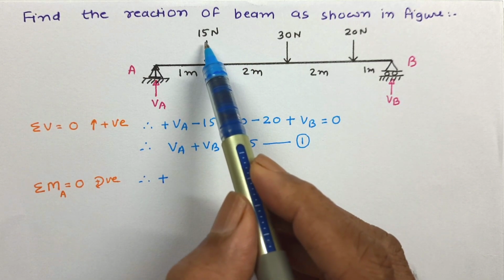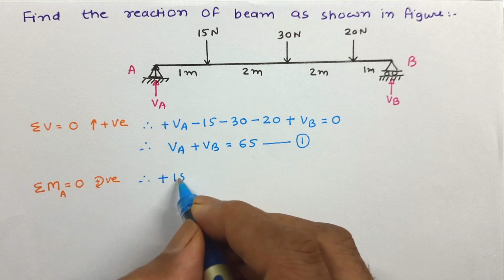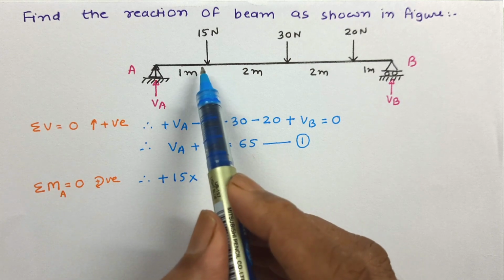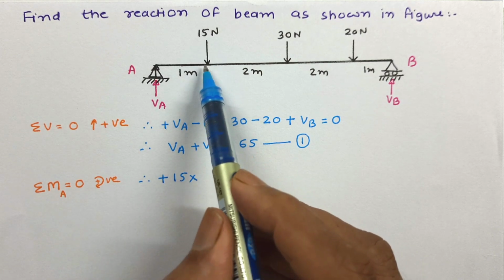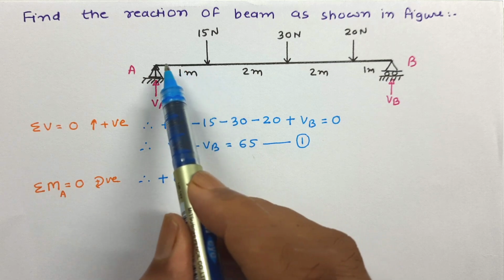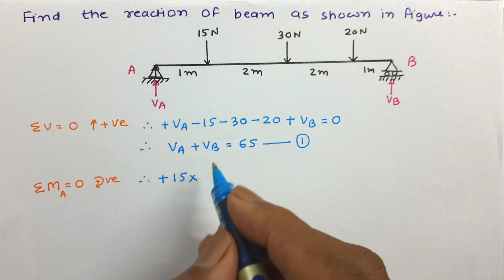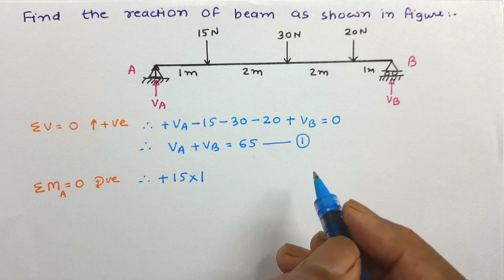Moment is equal to force into distance. So force is 15 and distance is the perpendicular distance of this 15 kilonewton from the point where we are working out moment. So this distance is 1. So we'll write here 1.